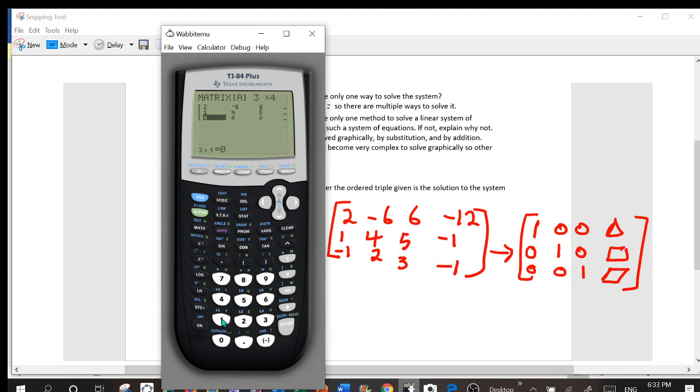Again, we have negative 1, enter, we have 2, enter, 3, enter, and negative 1, enter.